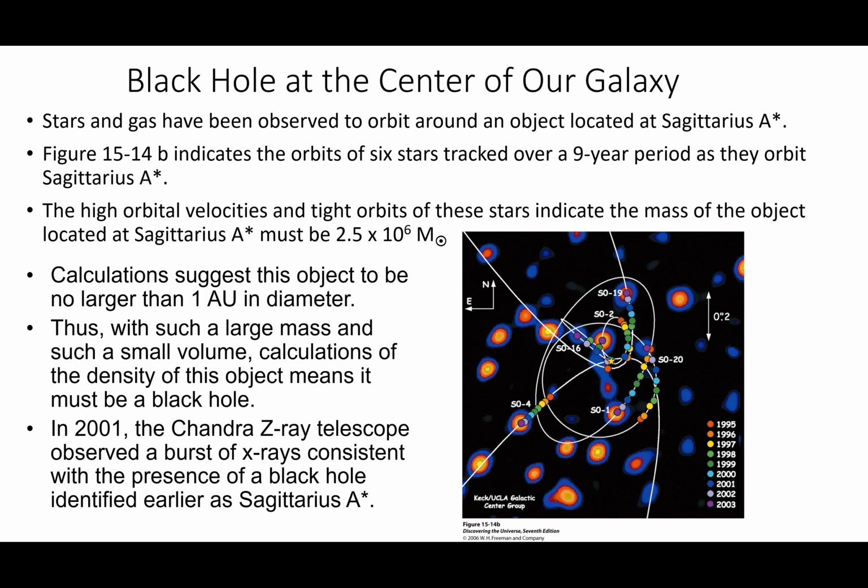Remember that you can look at the motion of an object in orbit, like these stars, and understand the mass of the object they're orbiting by looking at their orbital motion. So that's how we know we have a very massive object, 2.5 times 10⁶ solar masses, in a very small area. It's very squished down, so that is a very dense object, a supermassive black hole.